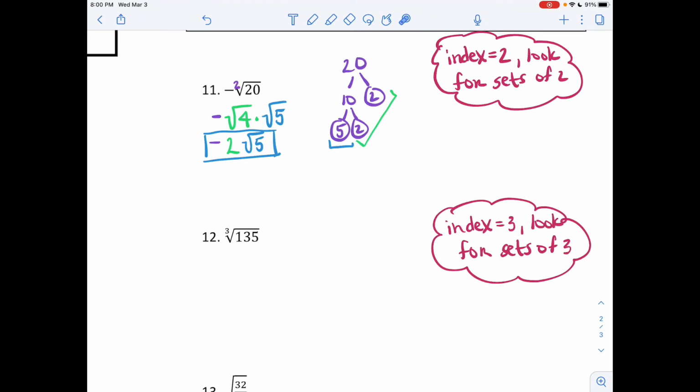For this next example, notice that my index is 3. And so once we do our factor tree, we're going to be looking for sets of 3 to put together instead of sets of 2. So let's see what that looks like. I'm going to start with 135, and I'll break that down into, well, I know 5 will go into it, and that's 27 times. 5 is prime, but I can break 27 down into 3 and 9. 3 is prime. 9 breaks into 3 and 3.